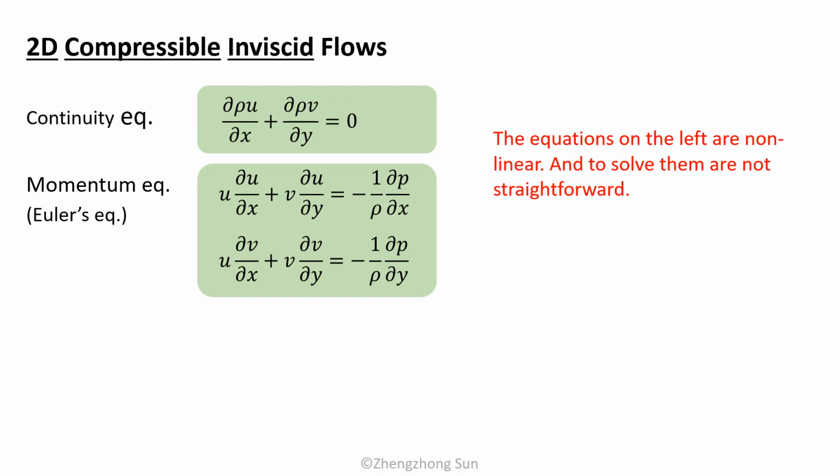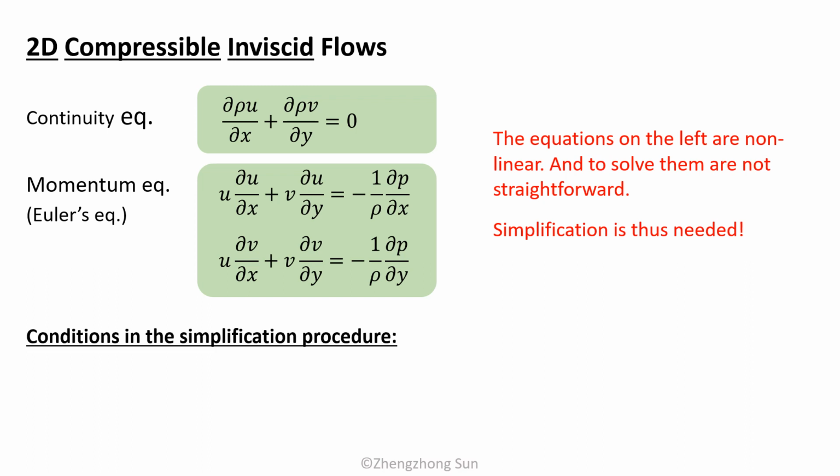So we need to simplify these three equations. Before we do the simplification, we need to put the procedure under a few conditions, which we call conditions in the simplification procedure.